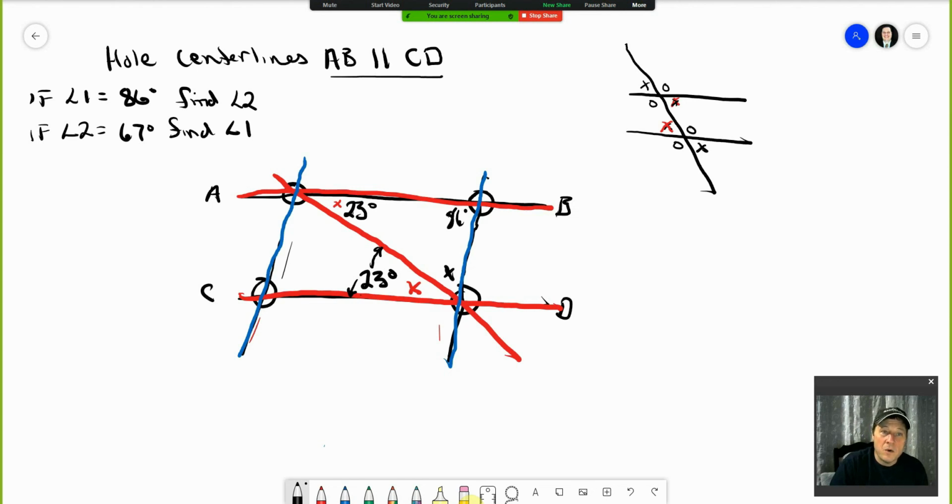Because now 180 degrees minus the 23 degrees we just solved, minus 86 degrees, 180 minus 23 minus 86 is 71 degrees. So I know that angle 2 right here is 71 degrees.